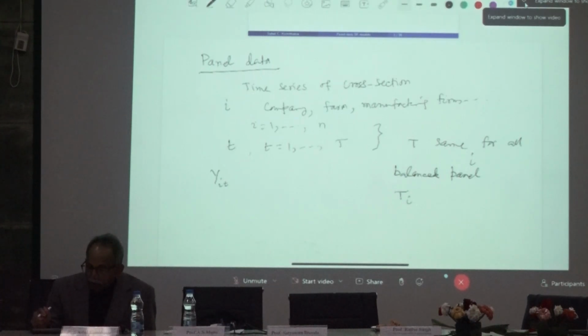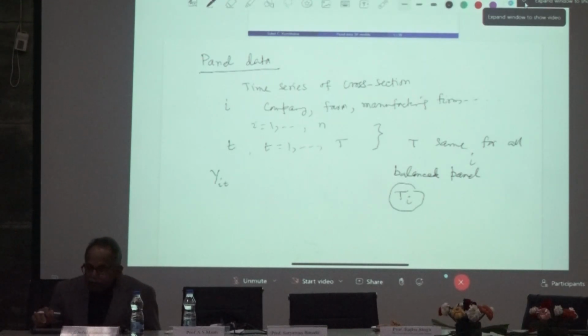The techniques that we are going to be talking about work for both balanced and unbalanced panels. But dealing with an unbalanced panel in terms of notation is a little bit cumbersome. So what we will be doing is assuming that you have a balanced panel, that means we observe every individual for all the time periods. This is a simplification, and as I said, mostly we do it just for notational convenience.